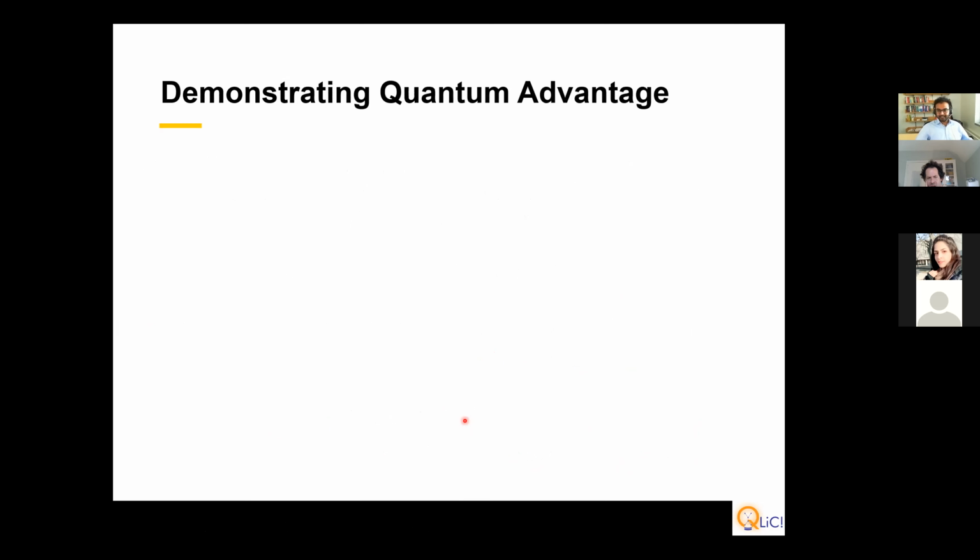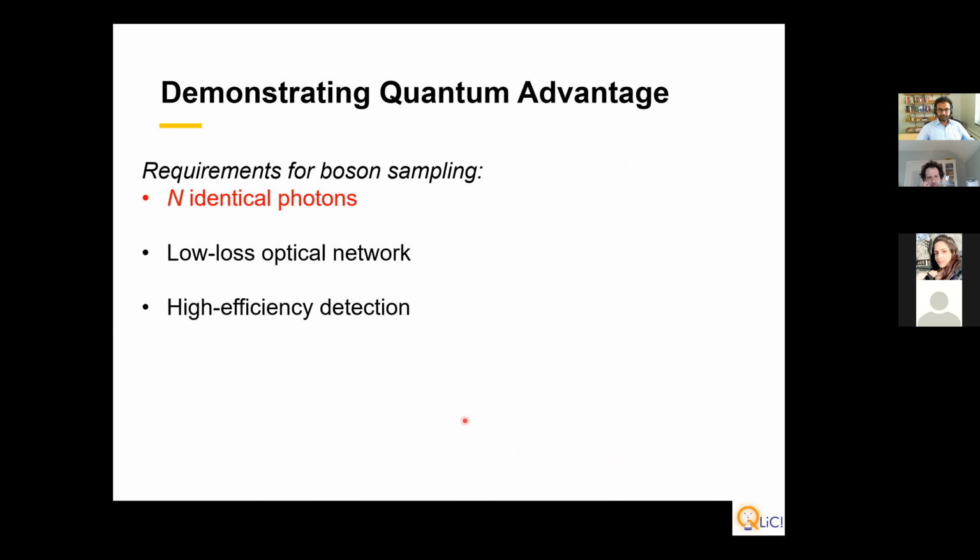But what does it take to demonstrate such a device? The requirements are that we need n identical photons, because just now we talked about Hong-Ou-Mandel interference. We need a low loss network, and we need very high efficiency detection. That's because losses in detection also scale exponentially.